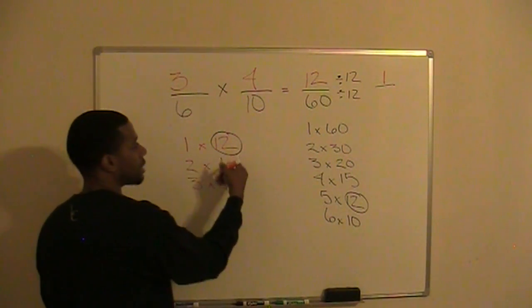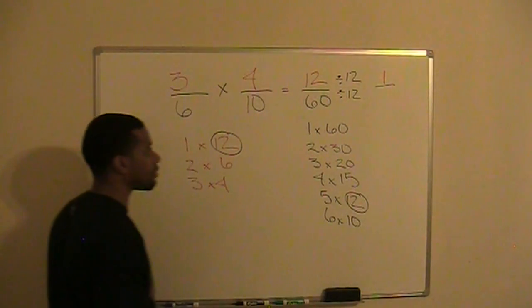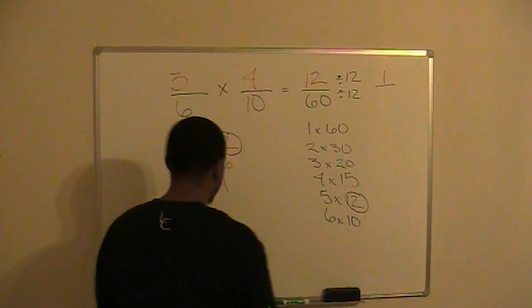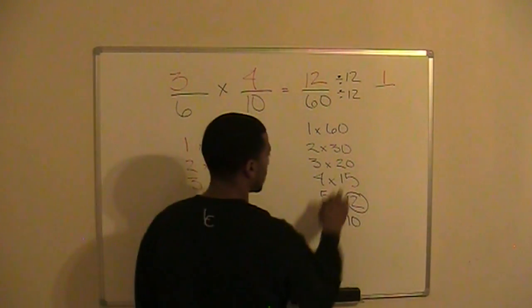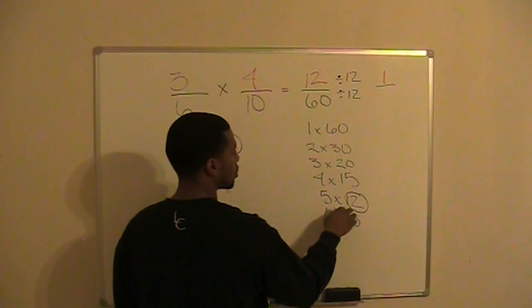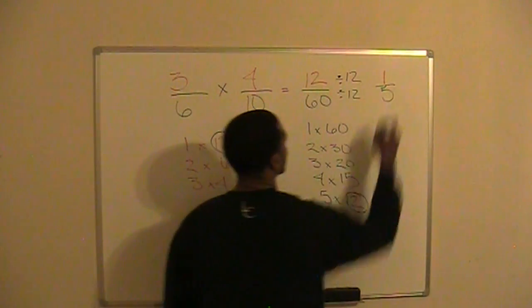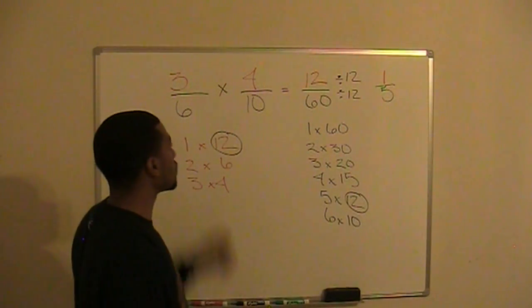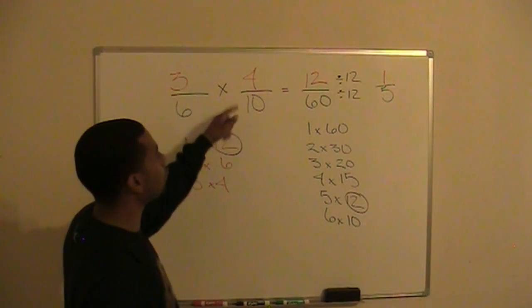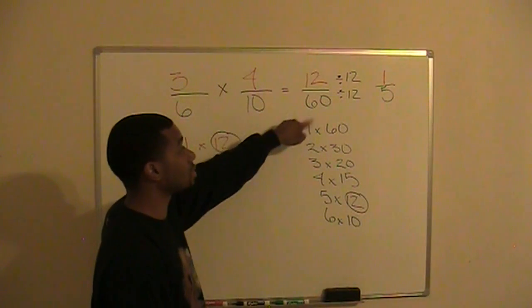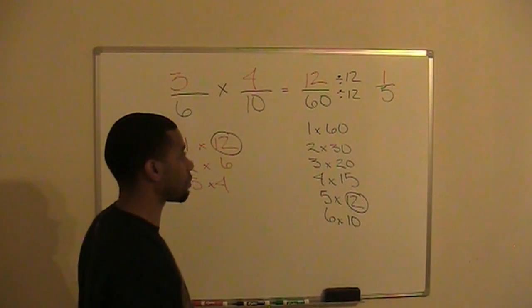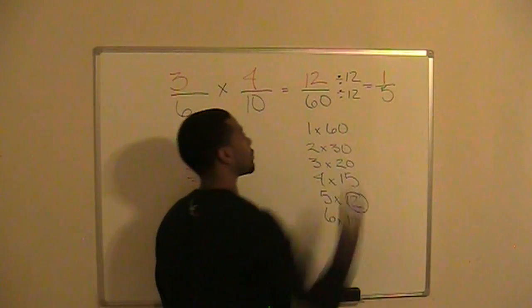Whatever is multiplied by 12 is what it would be once it's divided by that same number. And then 60 divided by 12, you have it right here. 12 times 5 is 60. So 60 divided by 12 would be 5. So the answer to 3 sixths times 4 tenths is 12 sixtieths, but 12 sixtieths can be simplified to 1/5.